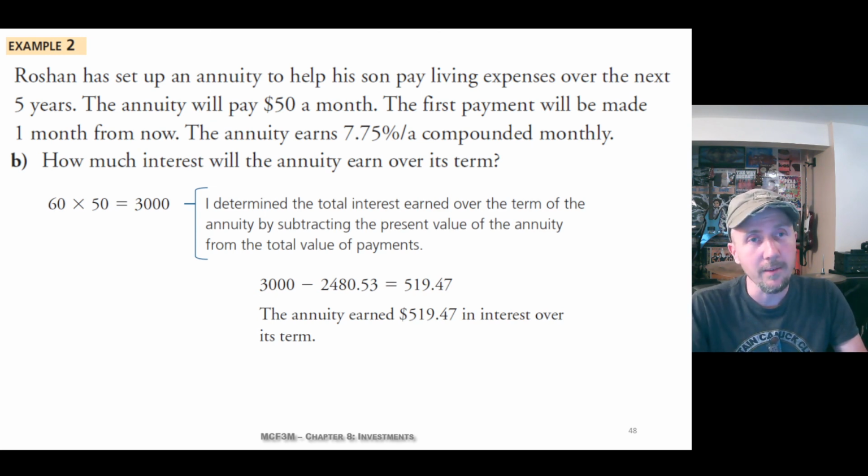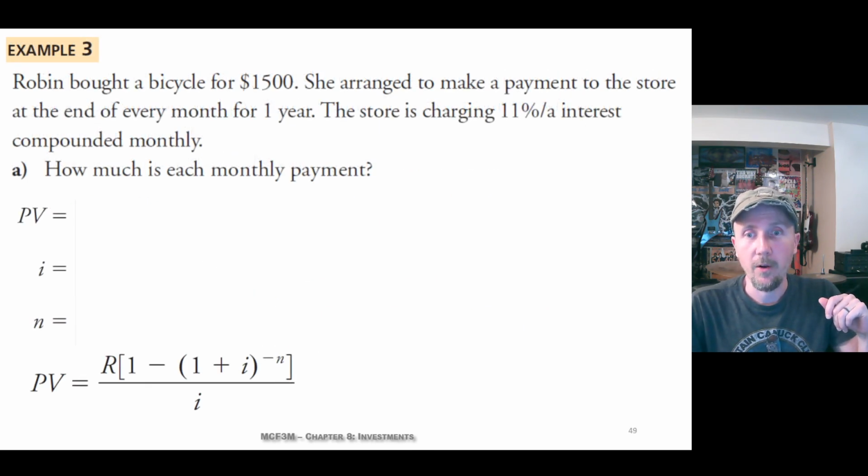You can put less money in because you're getting interest. So they're getting almost 520 bucks of free money by putting that 2,480.53 in at the beginning and letting Roshan take out that 50 bucks per month. So anyways, hopefully that helps.